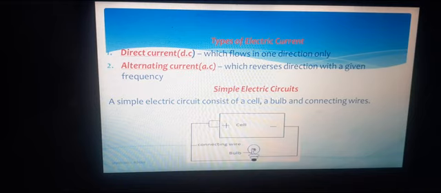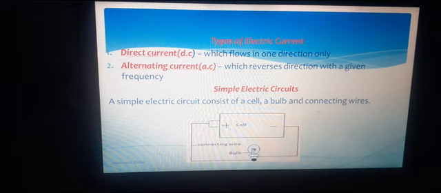Types of electric current. Electric current is divided into two categories. Number 1 is direct current. Number 2 is alternating current, DC and AC. Direct current flows in one direction only, but alternating current reverses its direction with a given frequency.